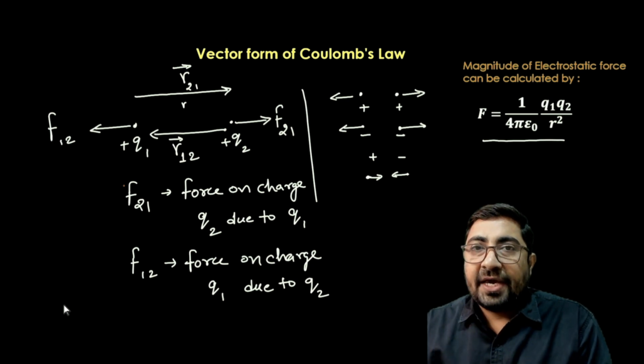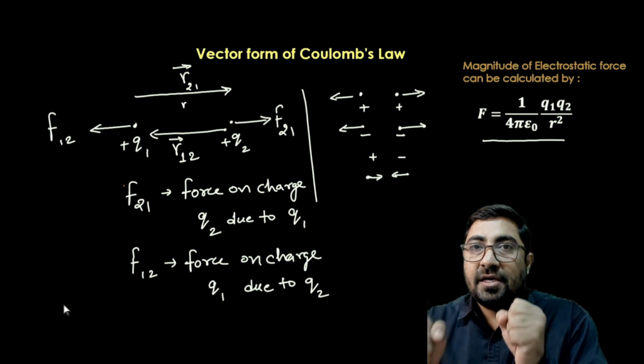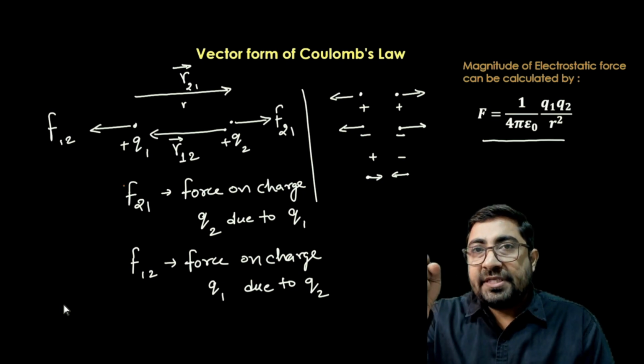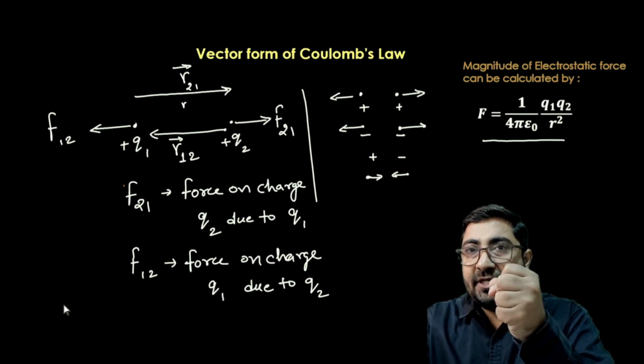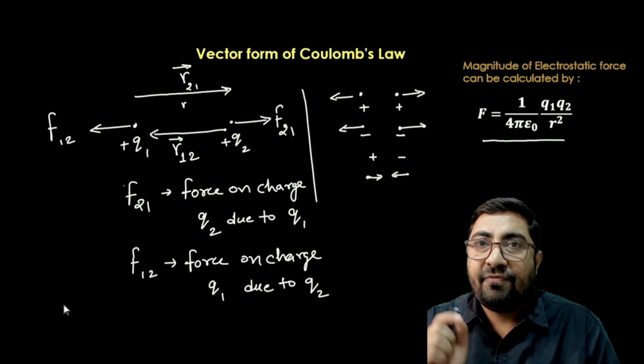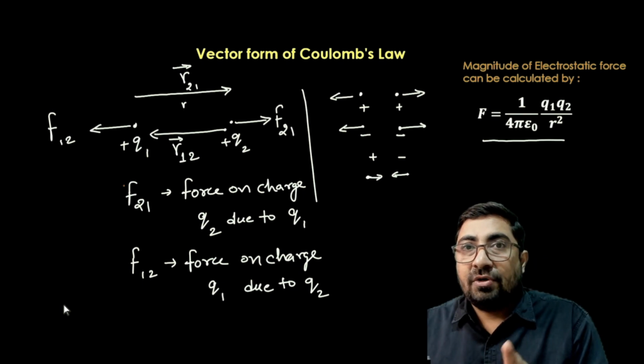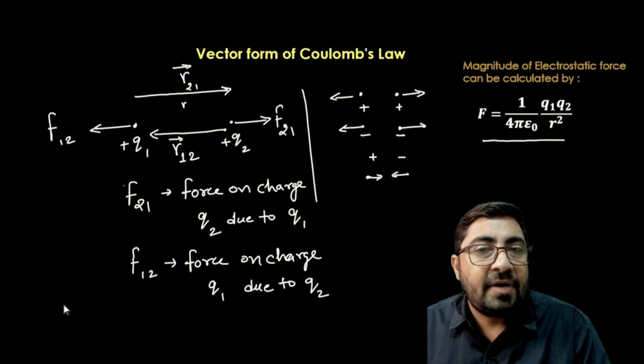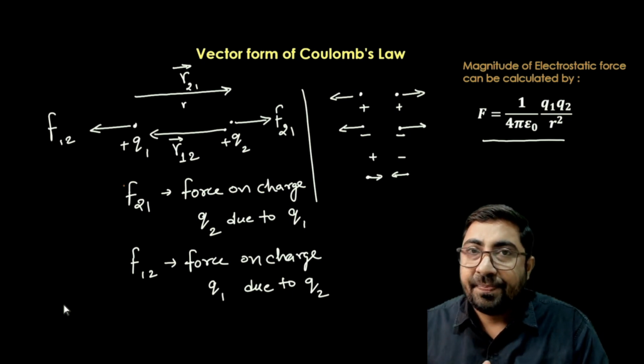Let's review once again how we usually use the notations. Force on the second charge due to the first charge is represented by the F21 vector. Force on the first charge due to the second charge is represented by the F12 vector.